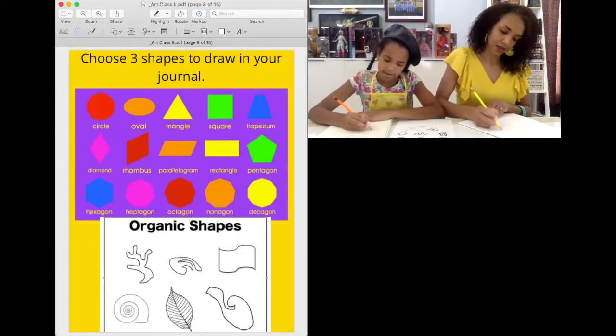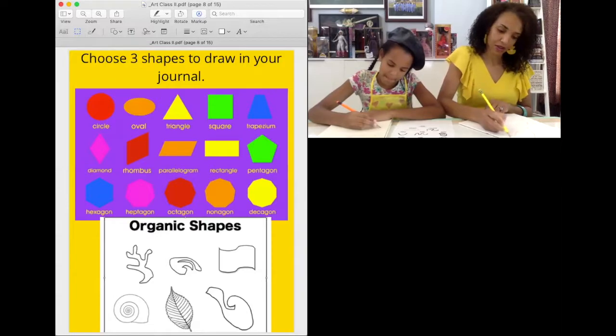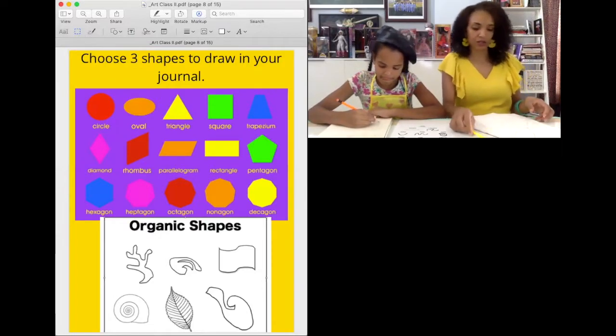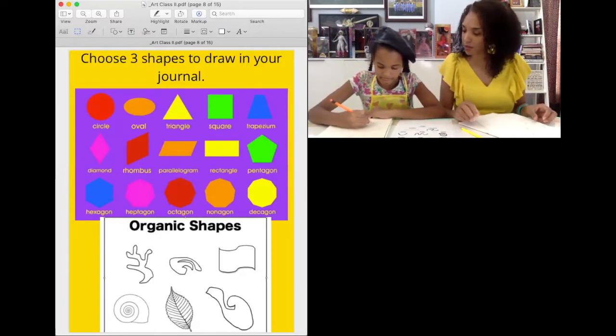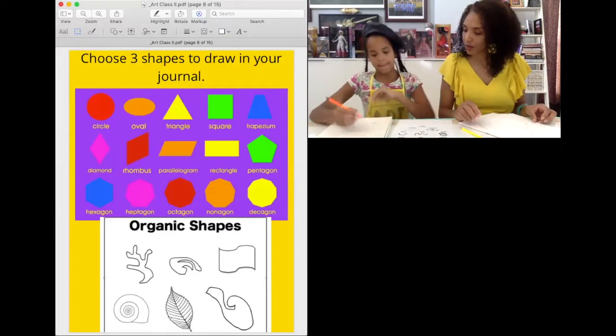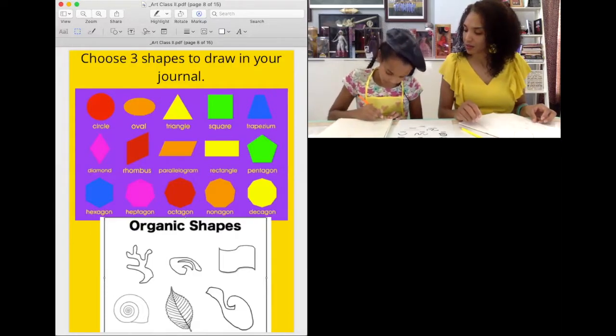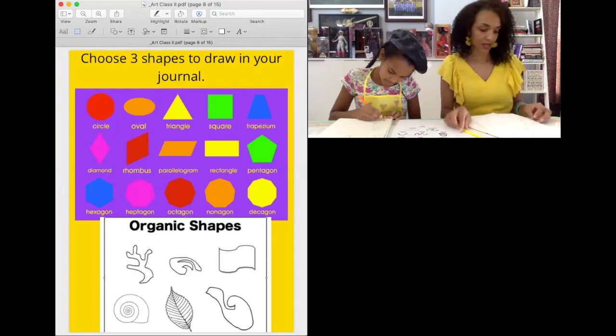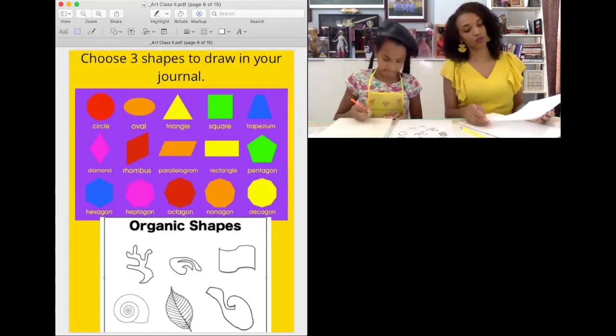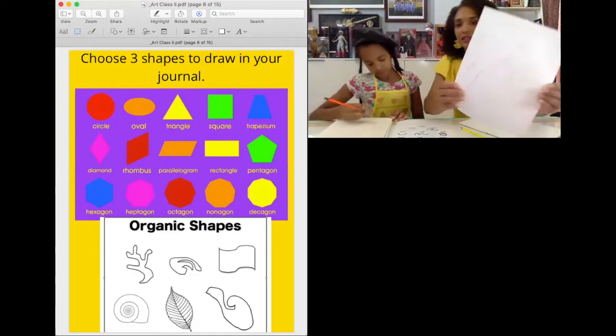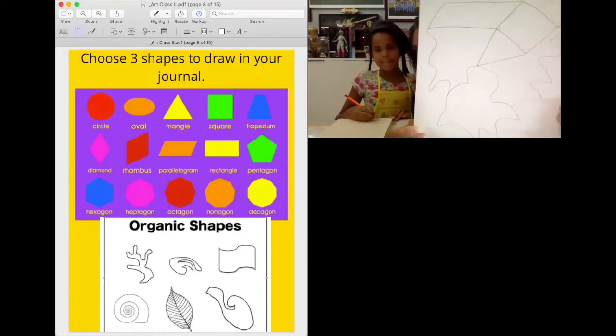Okay. So I'm drawing, and you use the types of lines to draw your freeform shapes. I don't think I have names for them. So here are my freeform shapes.